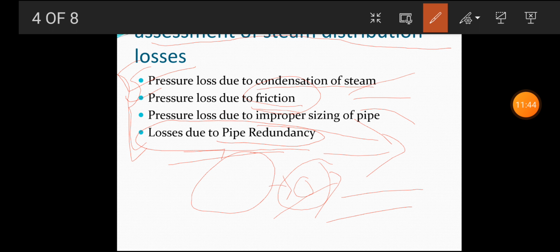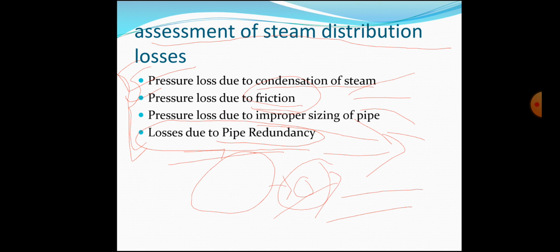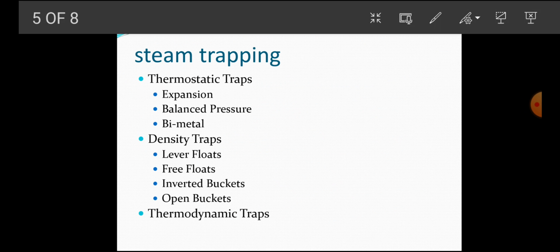So next is steam trapping. The purpose of installing steam traps is to obtain fast heating of the product and equipment by keeping the steam lines and equipment free of condensate, air and non-condensable gases.